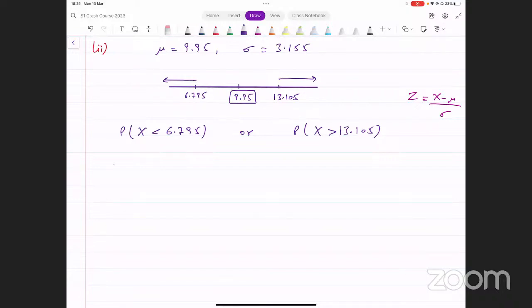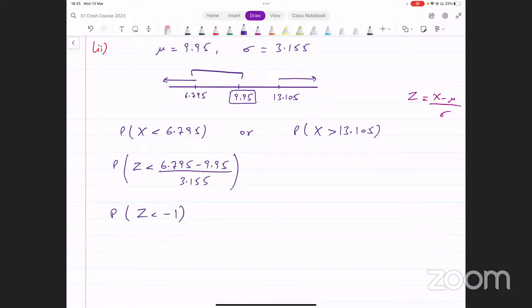So we could write this as probability of z less than (6.795 minus the mean, which is 9.95) divided by sigma, which is 3.155. And this is actually going to turn out to be z less than -1, because the difference is 1 standard deviation on the negative side, and you're dividing this by the standard deviation. So it's -1.